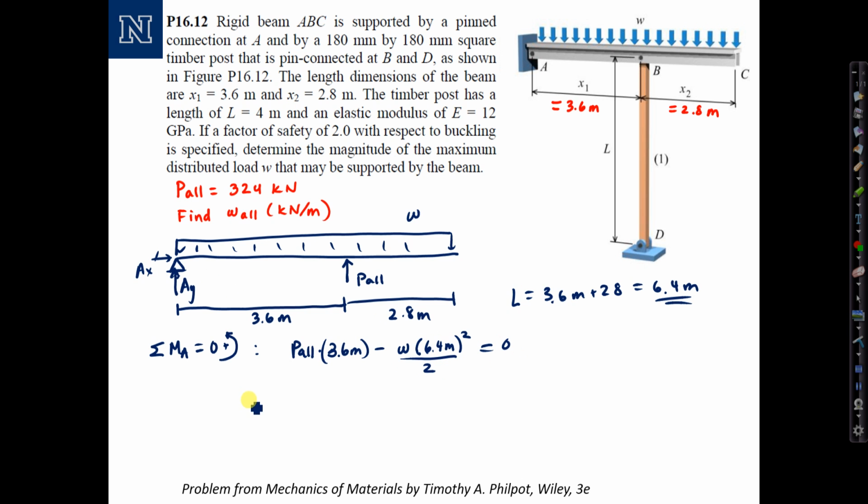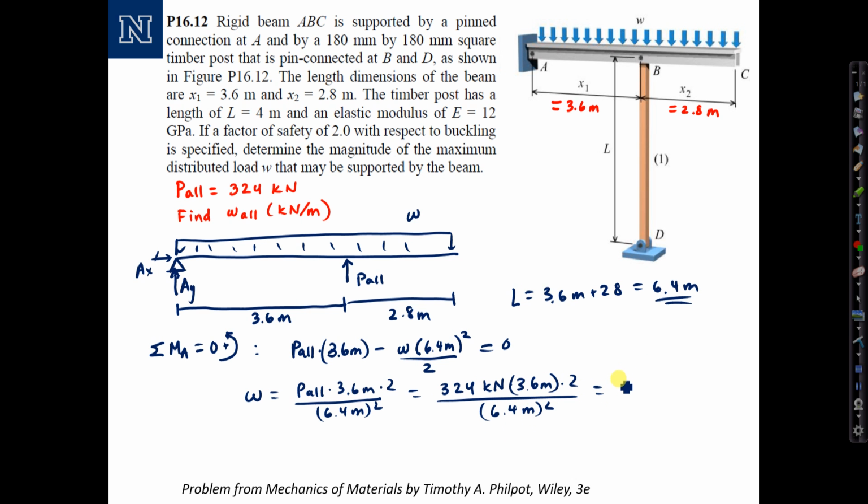Now I can solve directly for W. W equals P allowable times 3.6 meters, then bringing this over, times 2 divided by 6.4 meters squared. Substitute P allowable, which I found earlier, 324 kilonewtons, times 3.6 meters times 2 divided by 6.4 meters squared.